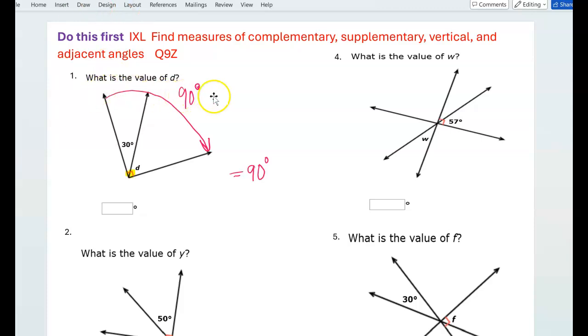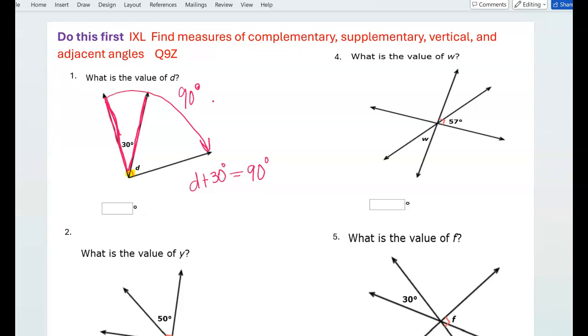They want us to know the value of D, so we're going to do D plus this angle, which they're telling us is 30 degrees. So D plus 30 degrees.